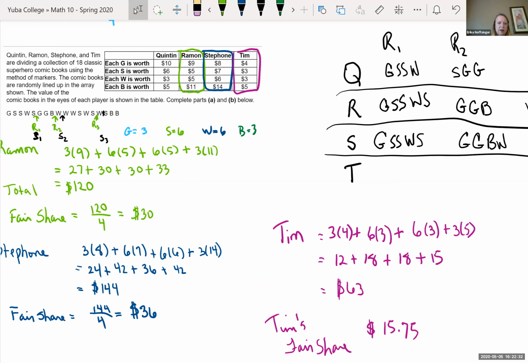So far we got $10, plus W, which is $3. That's $13. What would S be? S is 3. So 13 plus another 3 is where Tim is going to be.